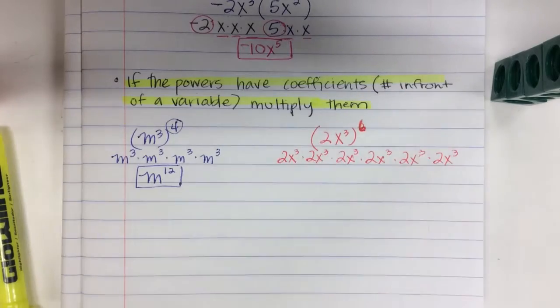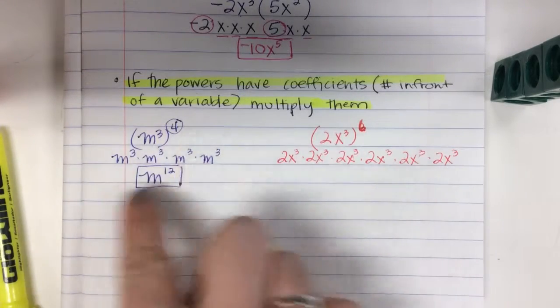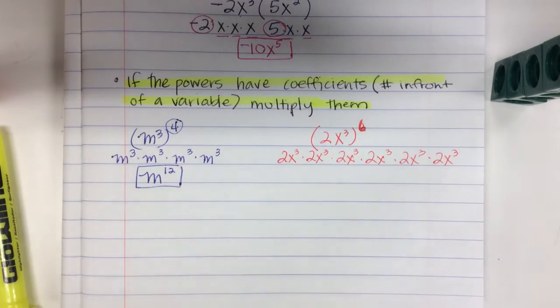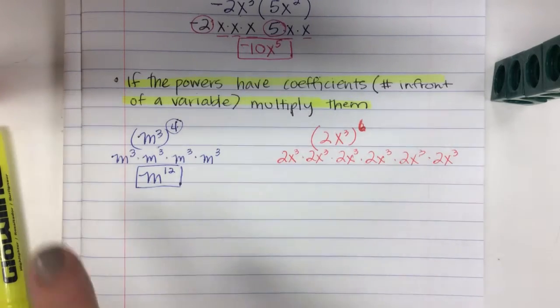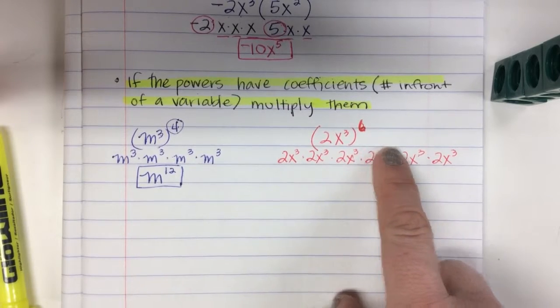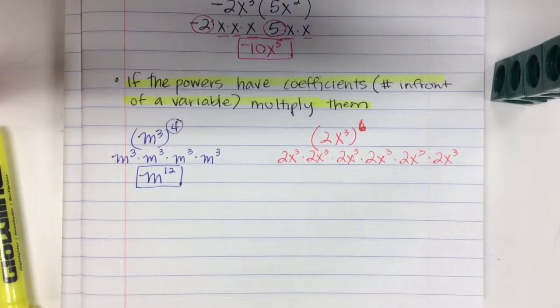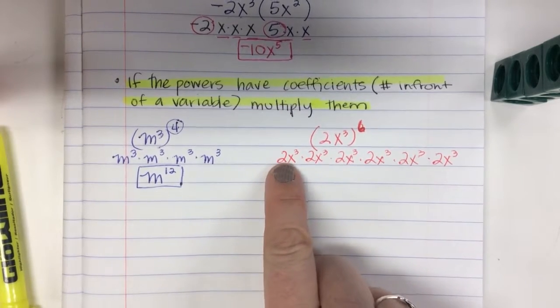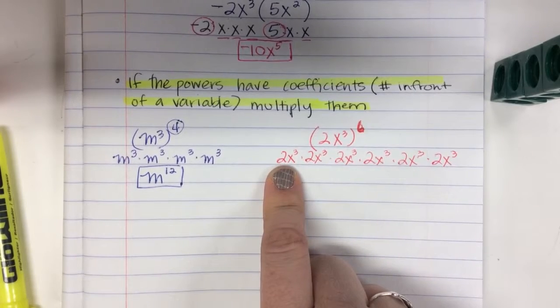So some of you have said, but Mrs. Long, I see something over here. I see a shortcut. And I'm saying, perfect, we'll get there. What happens over here? Let's think of our rules that we already learned. When the bases are the same, add the exponents. So ladies and gentlemen, what's the base in 2x to the third?